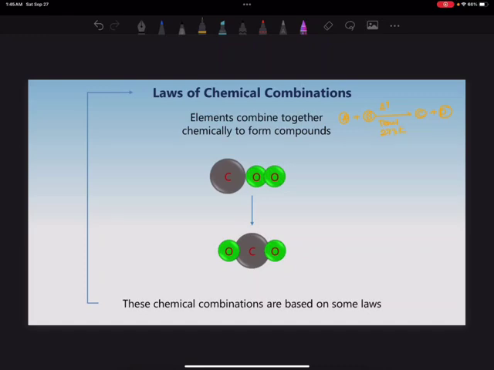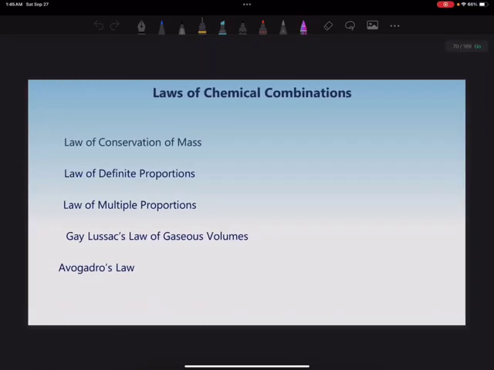So here we can say there is a certain law that should be followed to undergo a certain chemical combination. So elements combine together chemically to form compounds. These chemical combinations are based on some laws. These laws are law of conservation of mass, law of definite proportions, law of multiple proportions, Gaseous law and Avogadro's number.